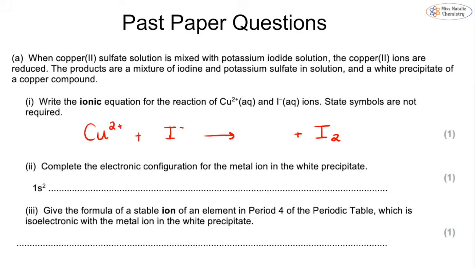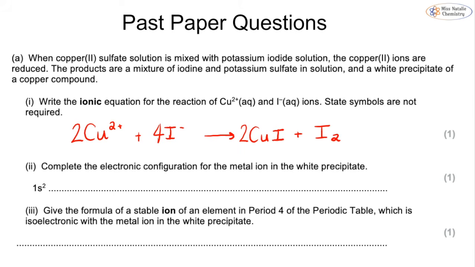So we are going to make CuI, and that is going to require balancing like that. So we have got 2 coppers plus 4 iodides, giving us 2 copper iodide plus iodine.